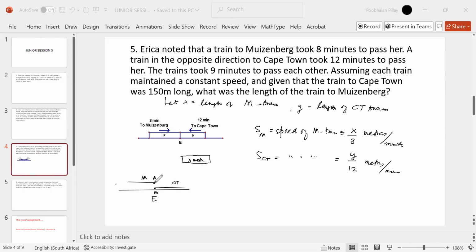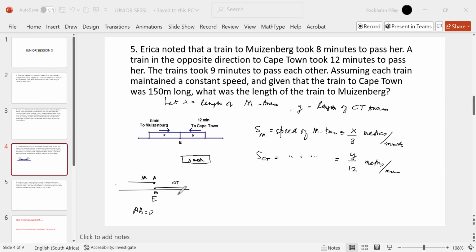So the distance between A and B in the beginning is 0, right? When Erika is watching them, the front of this one just meets the front of this one. So the distance between A and B in the beginning is 0.